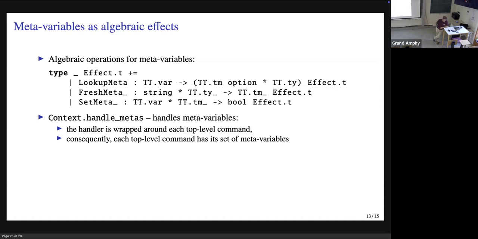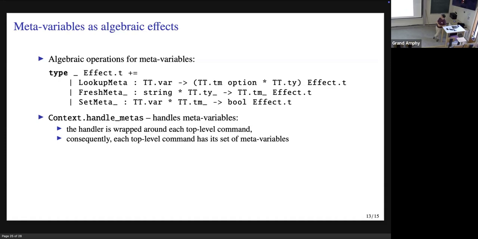Usually, that's not how proof assistants work. Usually, a proof assistant says that if you have a top-level definition, then all meta variables need to be resolved. You have to figure out what the holes are by the end of that definition. So that tells me where to put the handler. I need to put a handler around each top-level command. Each top-level command gets handled by one of these.